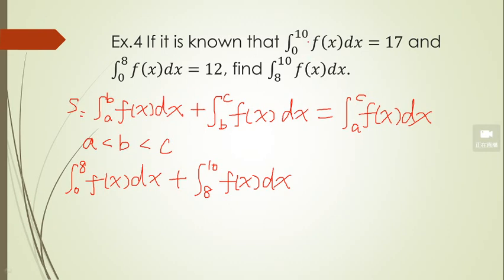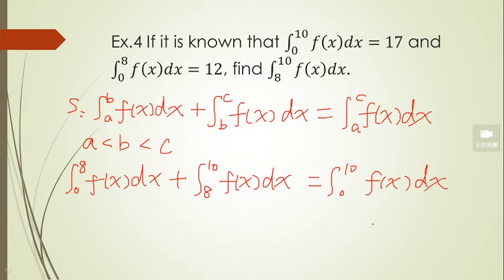It is known that the integral from 0 to 10 of f(x) dx is 17, and from 0 to 8 the definite integral is 12. Find the integral from 8 to 10. According to the formula, 0 to 8 plus 8 to 10 equals the integral from 0 to 10 of f(x) dx.